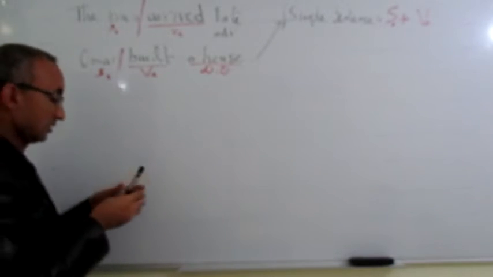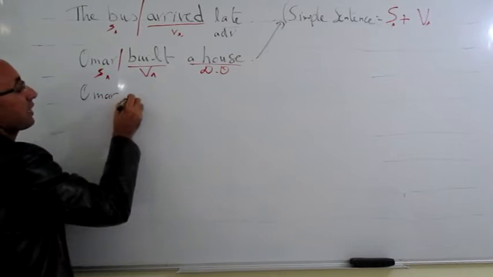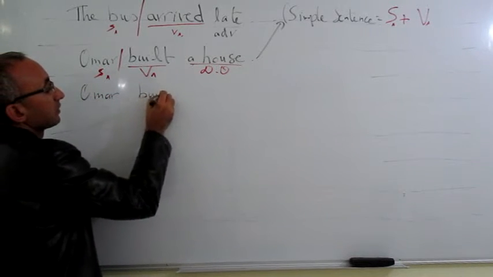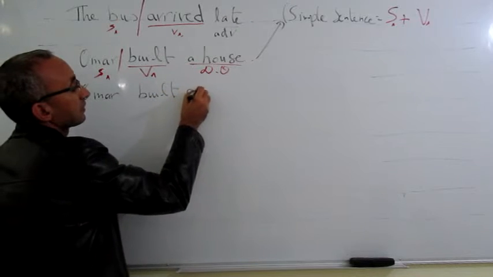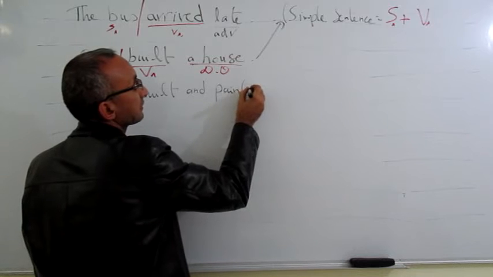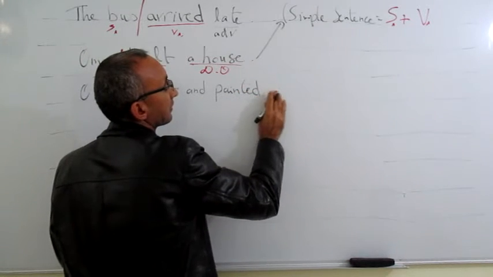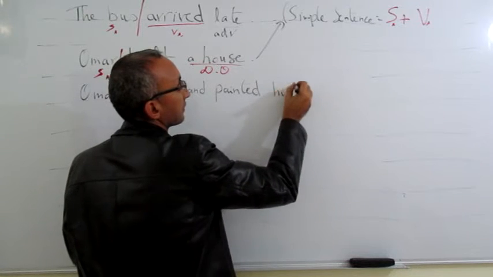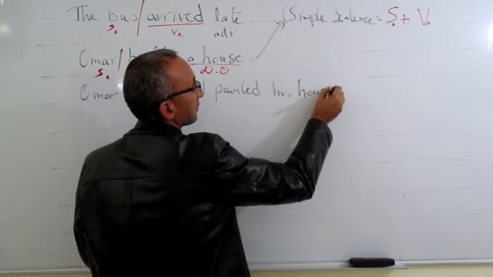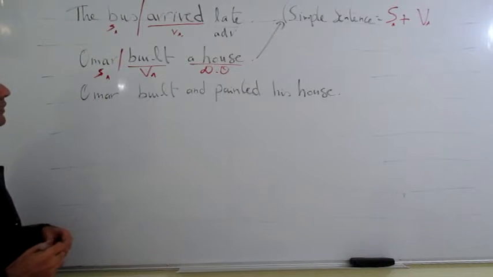Now, if I want to extend this example and write: Omar built and painted his house. His house. Now what do I have?